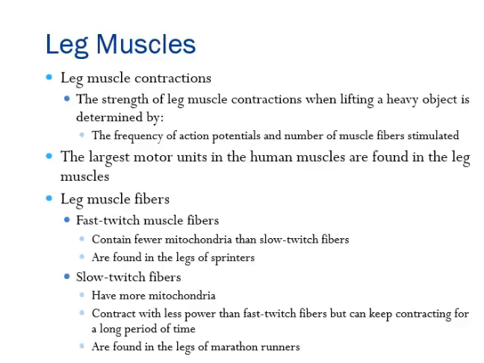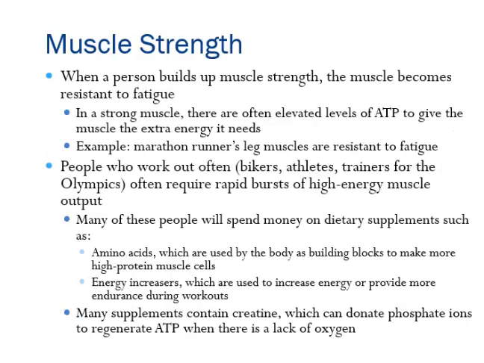Basically, the idea is that both of these are necessary. The slow twitch fibers are built more for long-term consistency, whereas fast twitch muscle fibers produce less energy in the long run, but they can move faster in the short run. One of the things that people do to be able to move parts of their body more efficiently is to build up muscle strength.